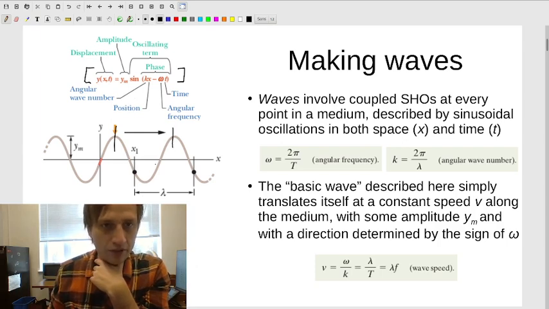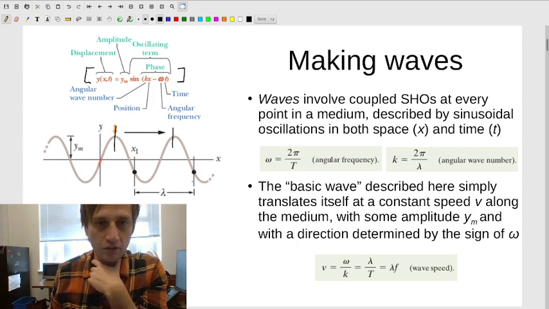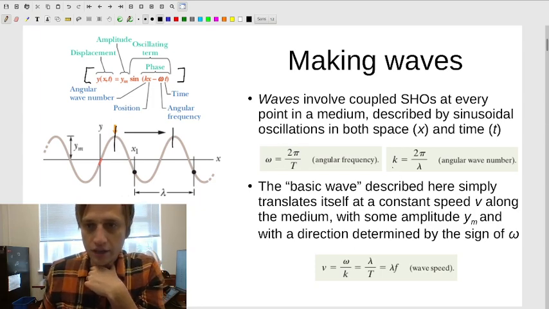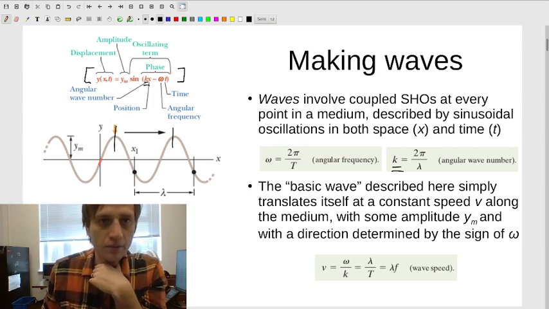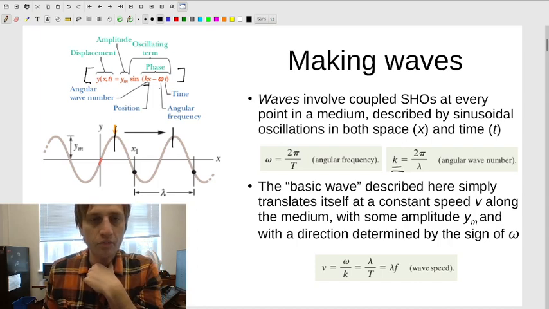The wavelength is the length for one full cycle, the distance from peak to peak, or from trough to trough. So that gives us a k in our expression for our wave. And then we also have our omega in our expression for the wave.